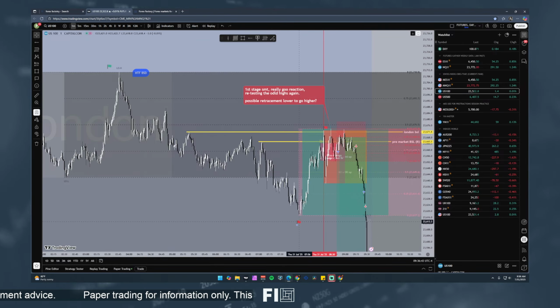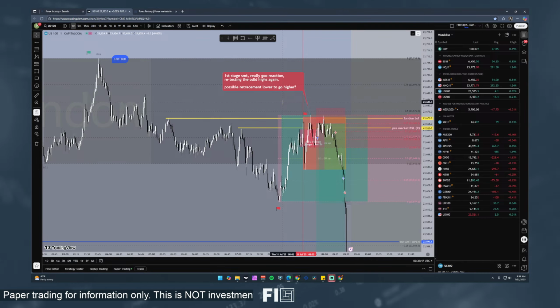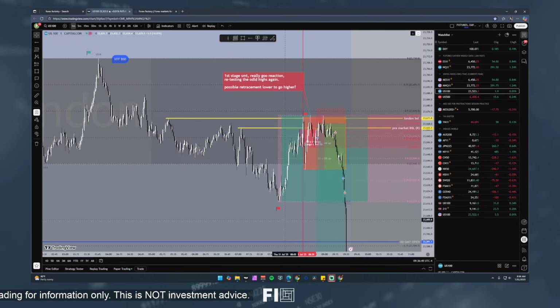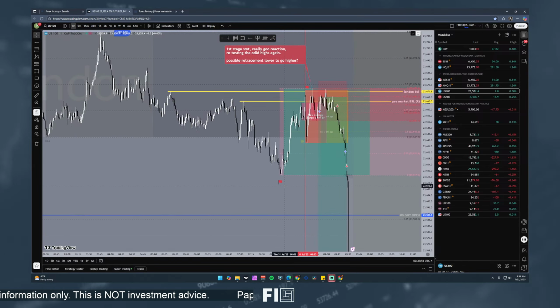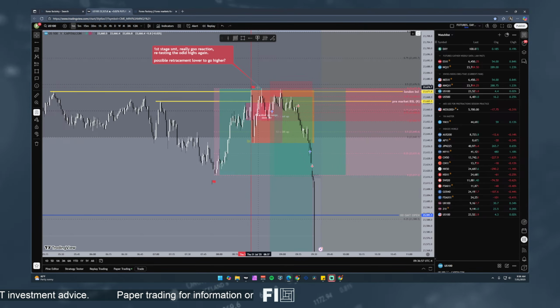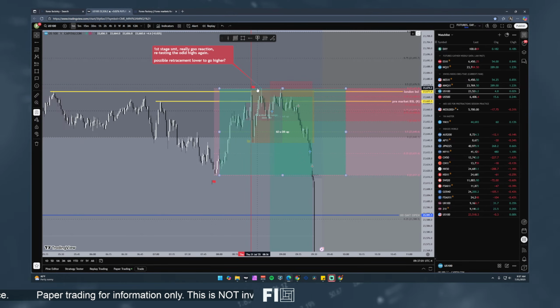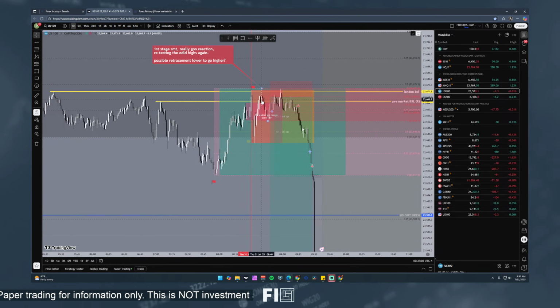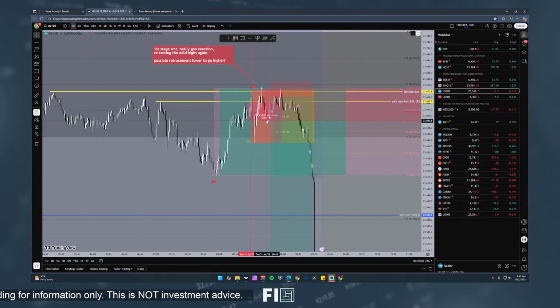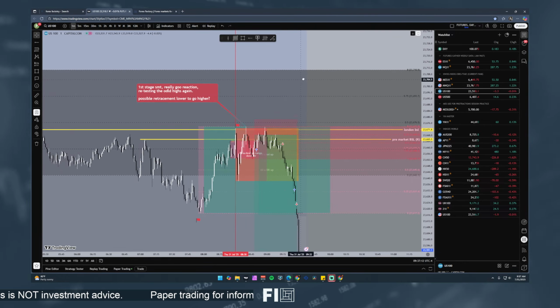I really thought from this low to this high would be a nice mini sell side delivery program that can take price down to further discount. But when I saw this high again pierce through, I was no longer interested in it because whenever I see a second stage SMT, that usually tends to treat it as a retracement back down to equilibrium, and then it tends to go up in the intended direction.